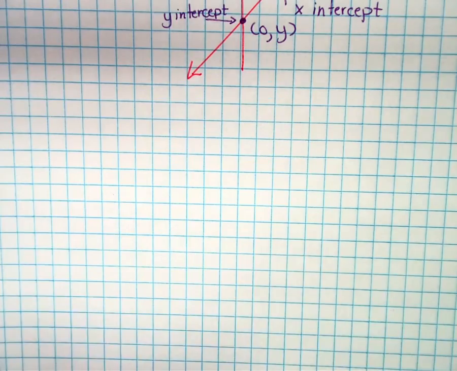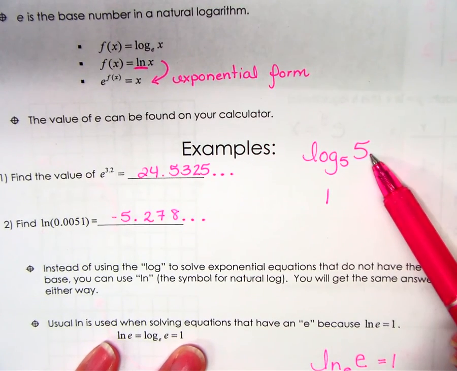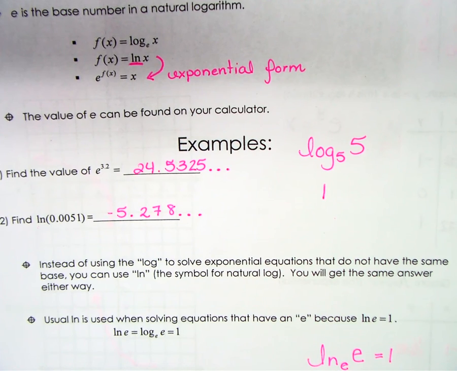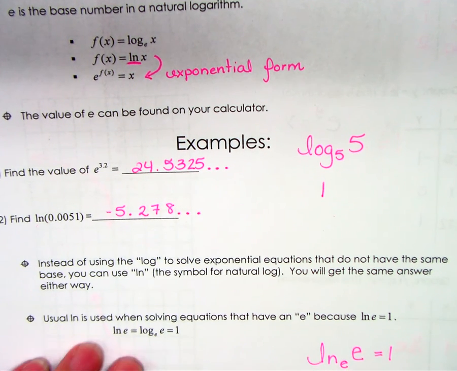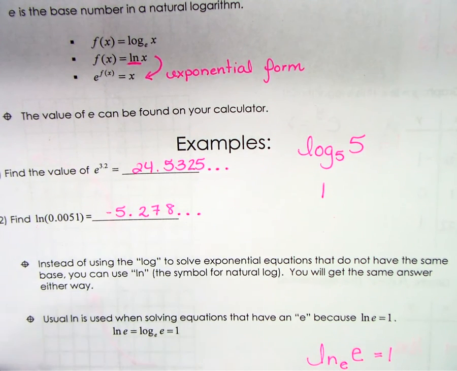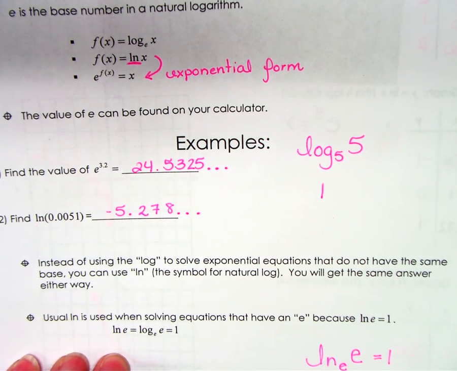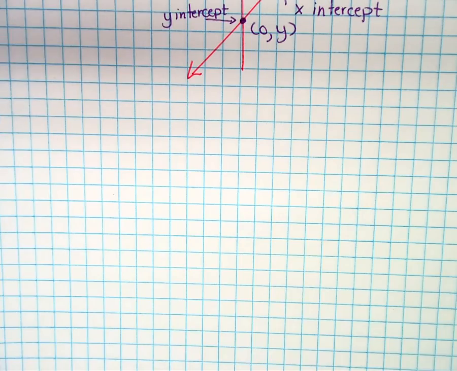Anytime you have the same base and argument, it evaluates to 1. Whether it's an e or a 5, base 5, anytime the argument and the base are the same, they evaluate to 1. But why is that unique to e? It's not. It's unique to the ln. It's a cool feature of logs, sorry.